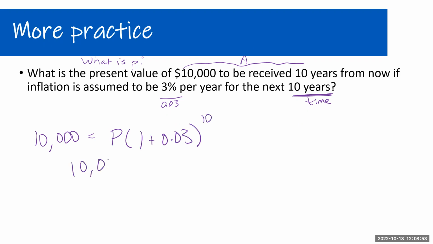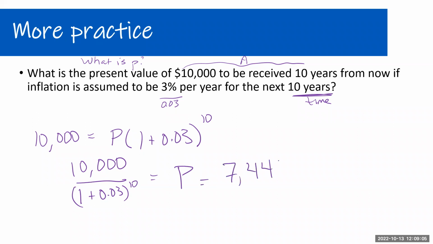So 10,000 divided by 1 plus 0.03 to the 10th is going to give us P, which is going to give us 7,441. So today, $7,441 is worth $10,000 in 10 years.